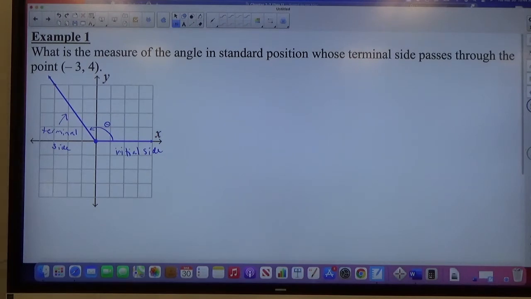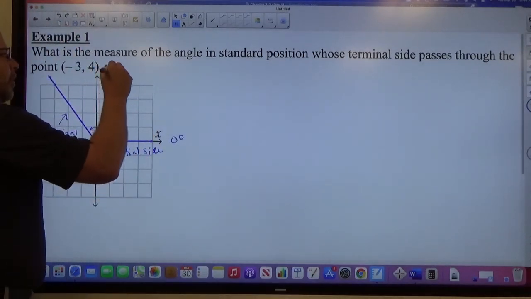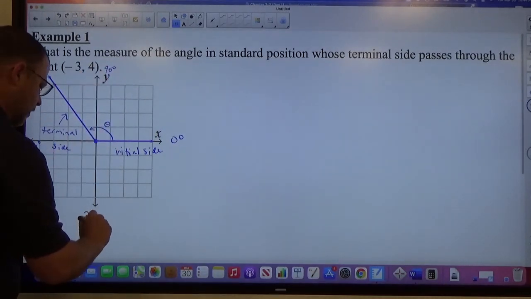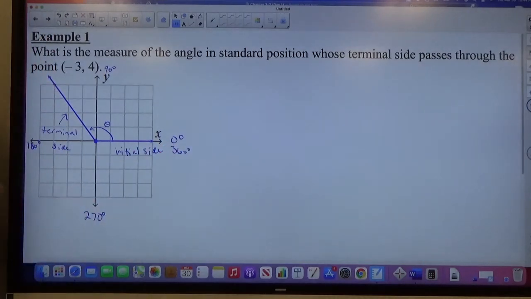There's two directions to go when we're dealing with angles in the unit circle idea. 0 degrees is straight right, 90 degrees is straight up, 180 degrees straight left, 270 degrees straight down, back to 360 degrees straight right again. That's how we work our way around this circular idea.